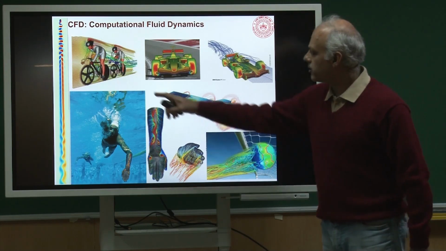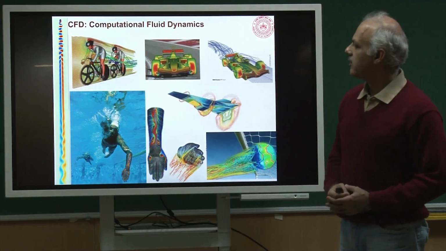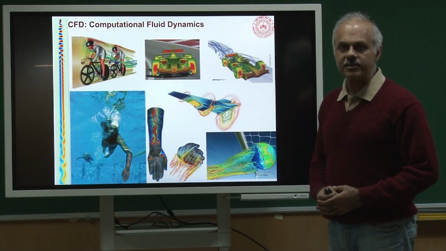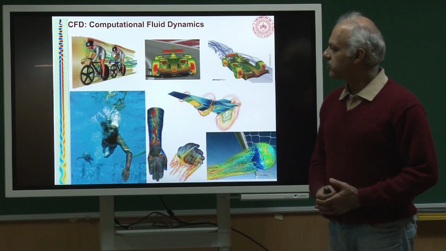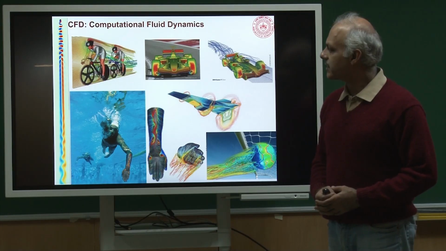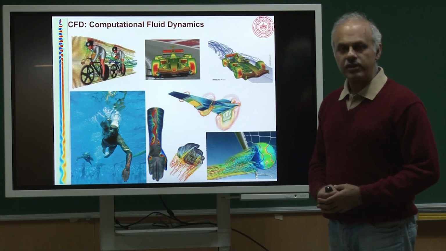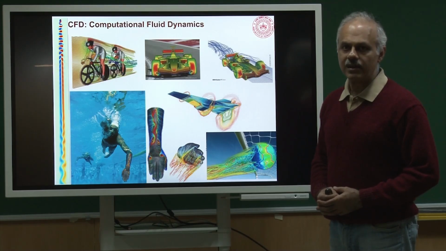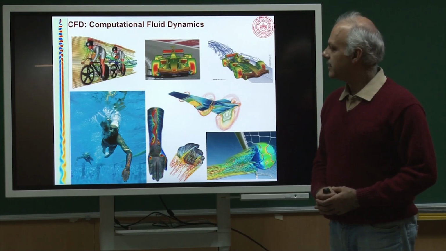The first picture, the top left, is a picture of two cyclists, one behind the other, and this is a CFD simulation. Suppose you are training for the Olympics and you are interested in asking whether, for the bulk of the race, you should be leading the pack or trailing behind someone to conserve your energy.